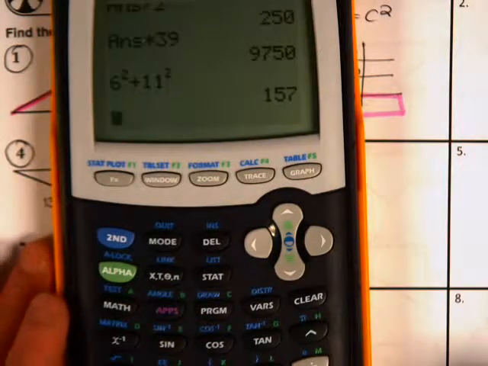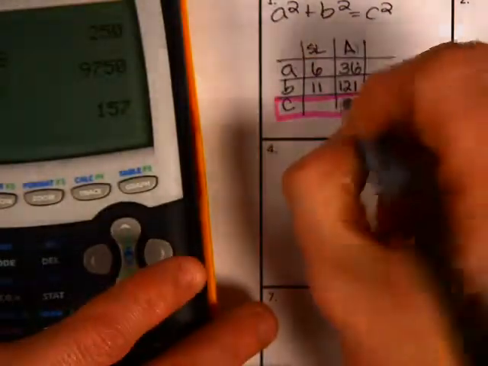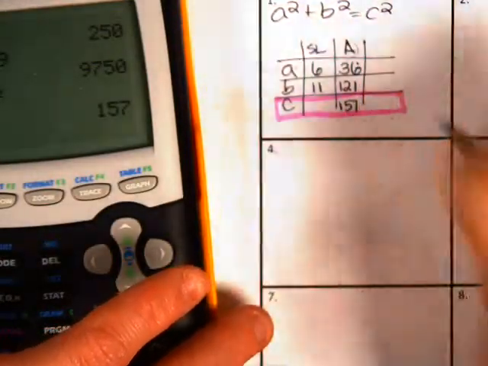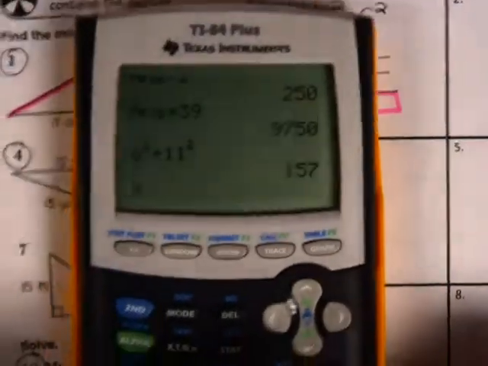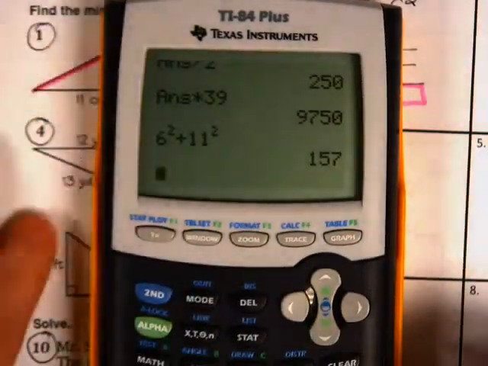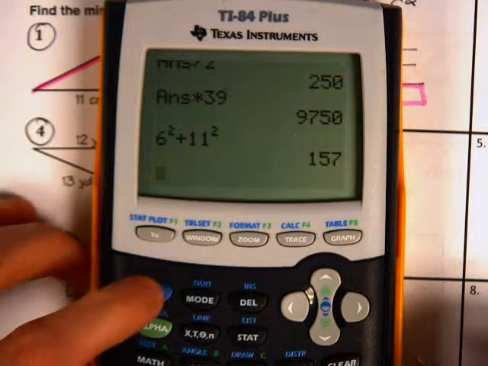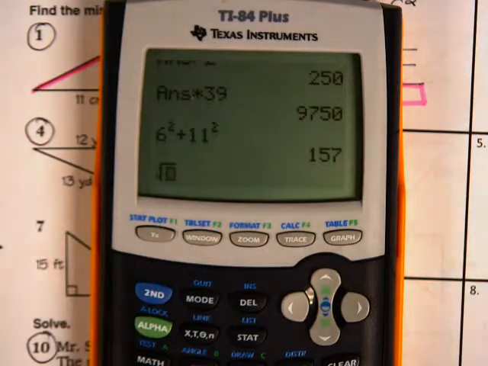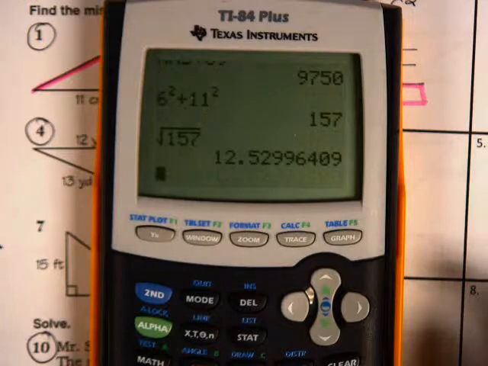Boom, there's your answer. This is going to be C squared. Now, I don't want to find just C. I want to find the piece. I just want to see how long that is. So I have to second square and square root that number.